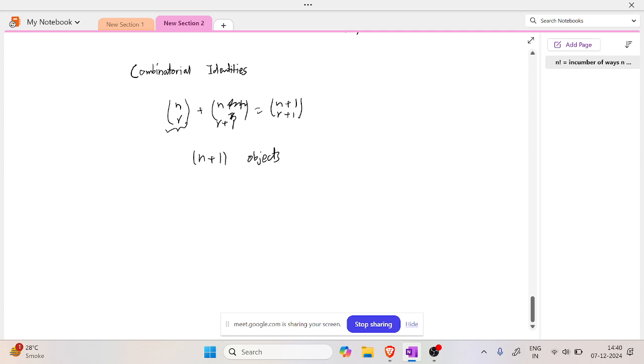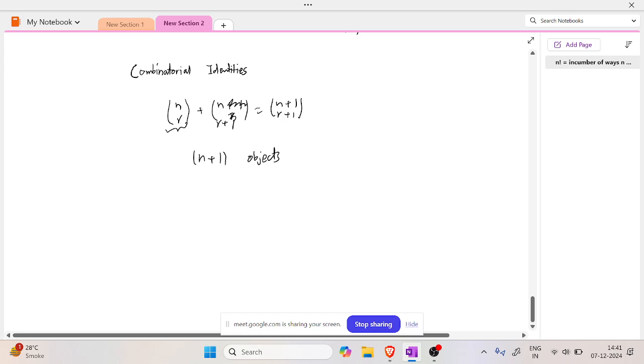So basically, either you can choose the last object or you will not choose the last object. If you do choose the last object, then there are NCR ways to choose the remaining objects, because you have n remaining objects and you already chose one out of the R plus 1 that you needed to choose, so that's NCR.